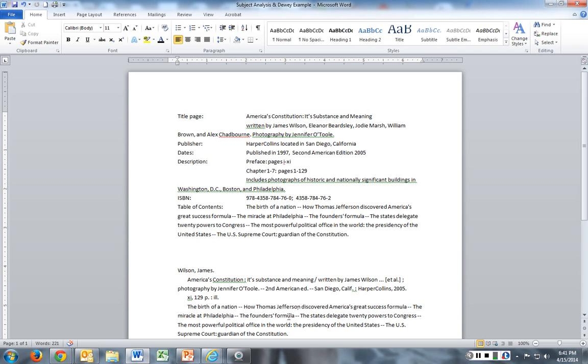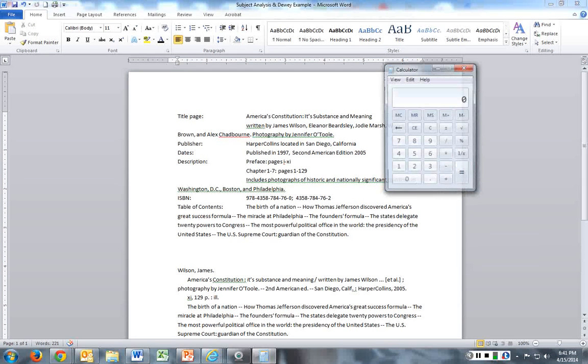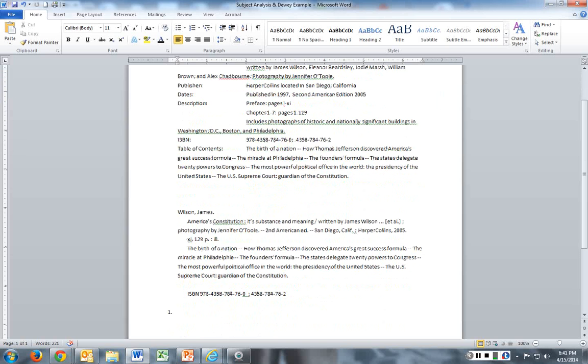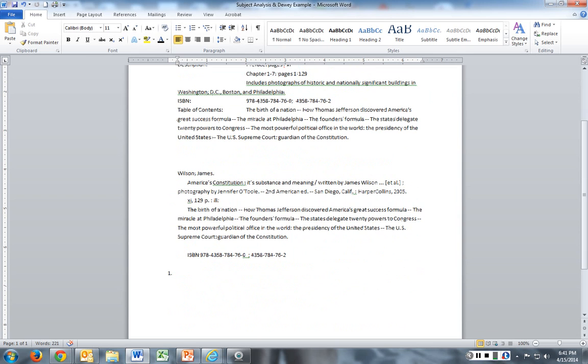So if we actually have 3 chapters on the balance of powers, that's, let's see, 18 times 3, that's 54, which is definitely a significant part of the book. So I think I want a subject heading for the Constitution, and then I probably want another subject heading for the idea of the balance of powers.